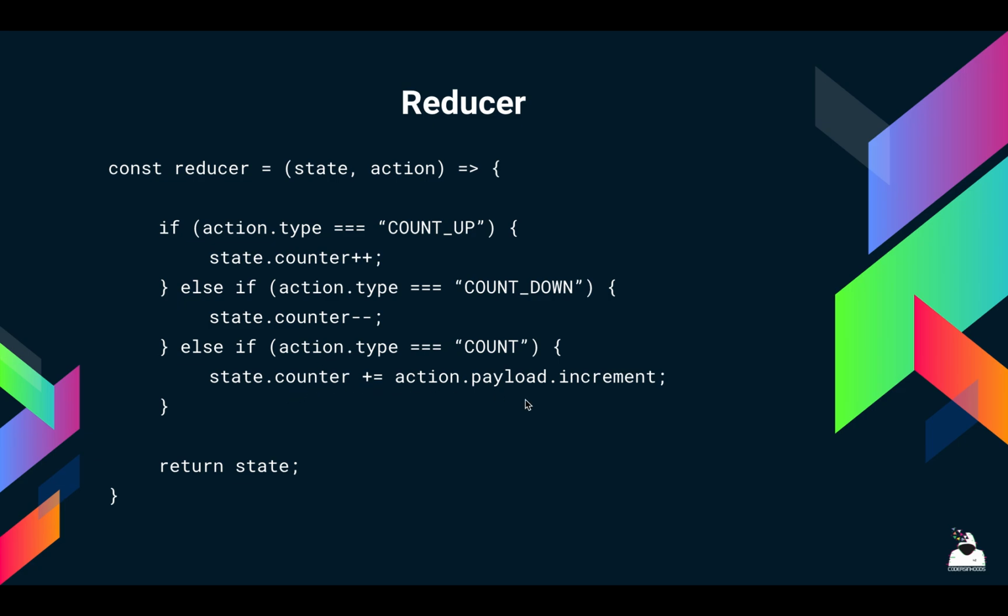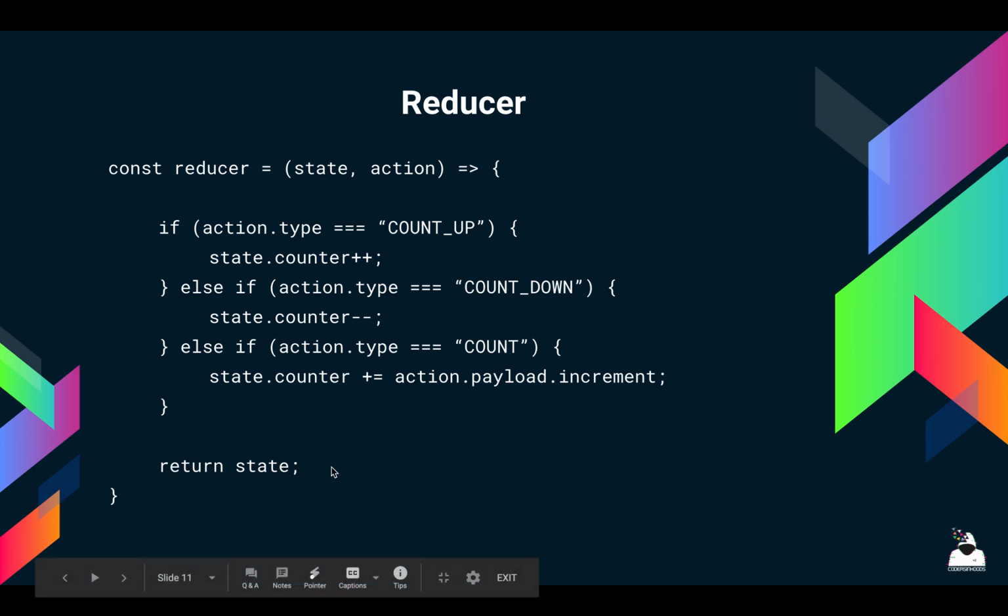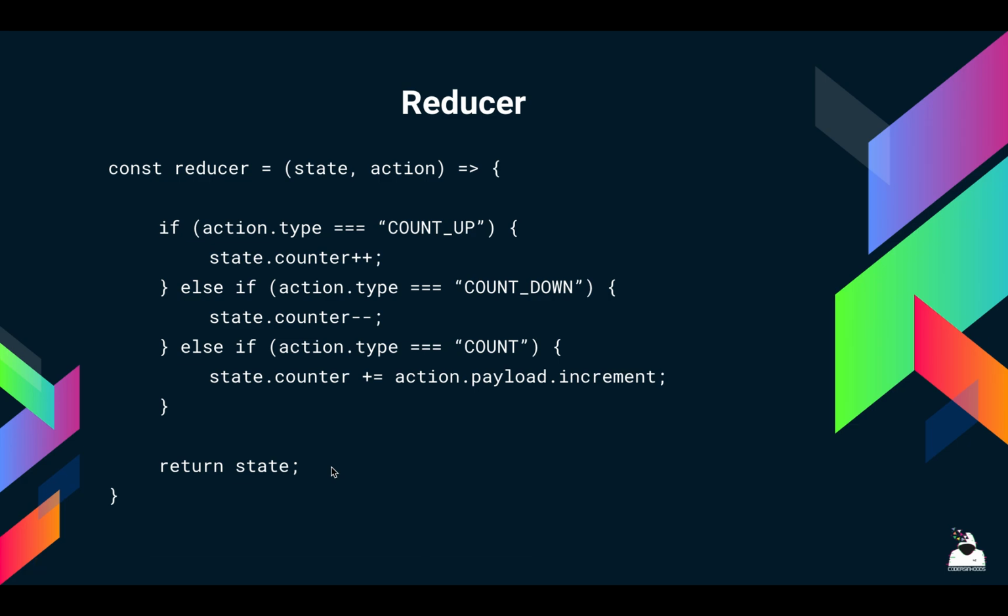So we add on the increment to the counter. So we are mutating that object. state.counter gets changed on this object that gets passed in, and then we return that object back to where it came from.